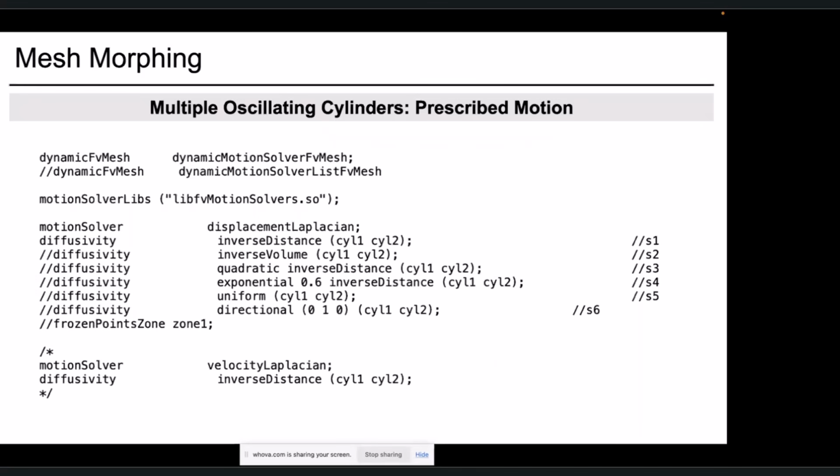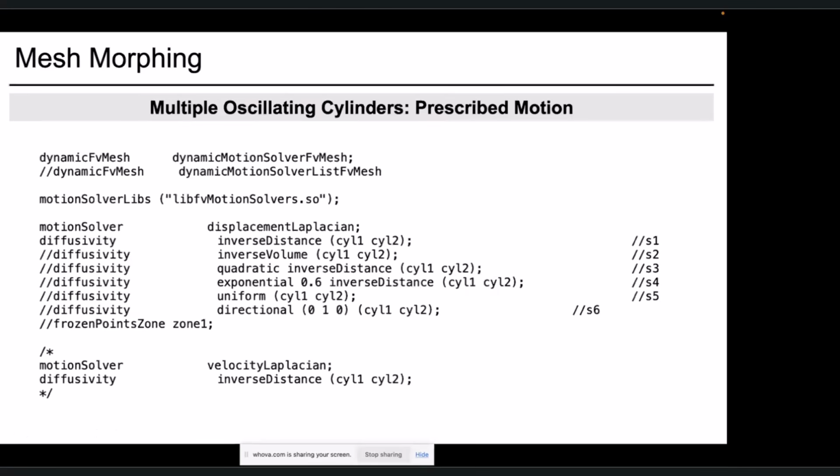The change comes in the diffusivity, where I have to mention the two patches that I want to move. In this case, I have two cylinders which I name cylinder 1 and cylinder 2, and if you apply the same displacement Laplacian and inverse distance diffusivity method, you can simulate the motion of two bodies.